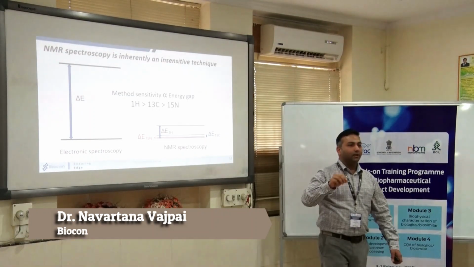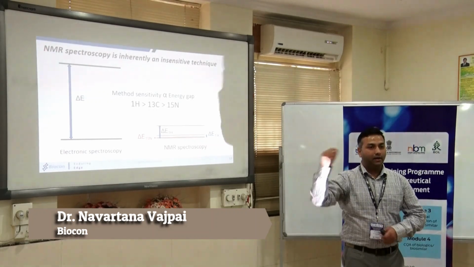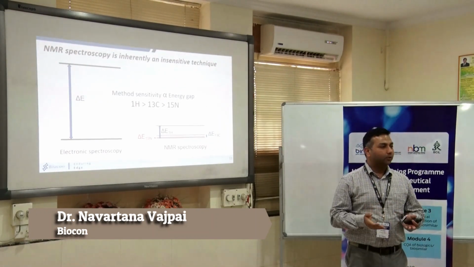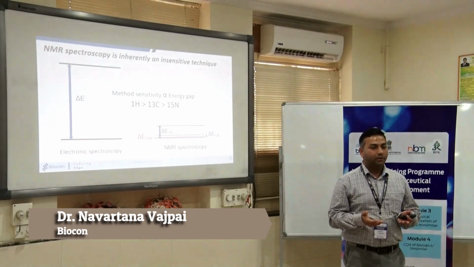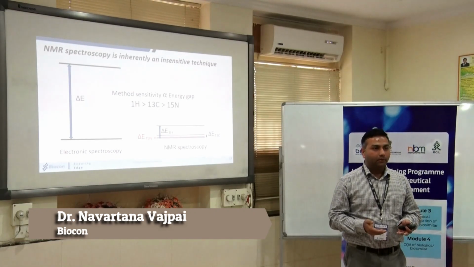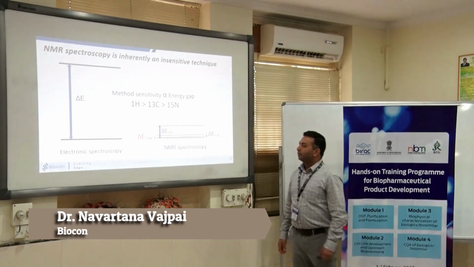So for 15N spectroscopy, you may need a day or two to generate a decent signal, while for protons you can run it in 10 to 15 minutes and get excellent signals. Nowadays, with high magnets, you can get the same information in 1 minute.